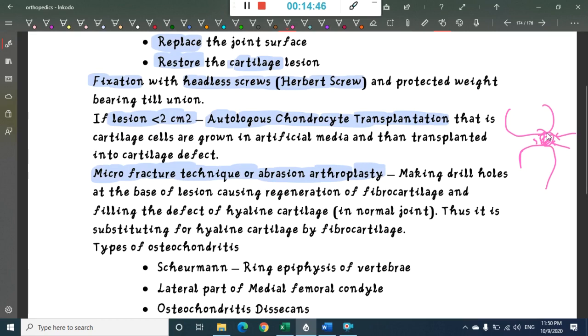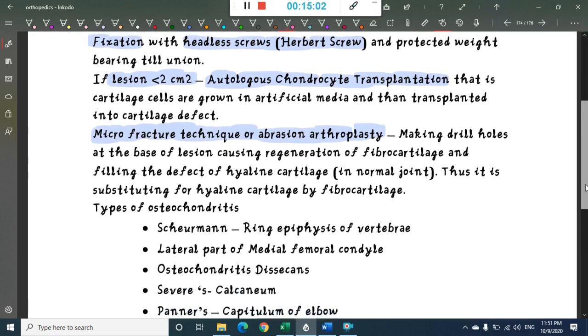That means when you drill the holes, the fibrocartilage in the joint surface gets activated and replaces the degenerating hyaline cartilage. That is the microfracture technique or abrasion arthroplasty.